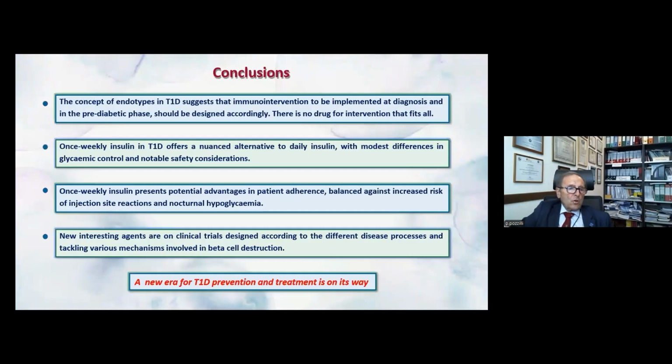So in conclusion, dear colleagues, ladies and gentlemen, first of all, the concept of endotype in type 1 diabetes suggests that immune intervention implemented at diagnosis and in the pre-diabetic phase should be designed accordingly. There is no drug for intervention that fits all. The once-weekly insulin in type 1 diabetes offered a real alternative to daily insulin with modest differences in glycemic control and notably safety considerations.